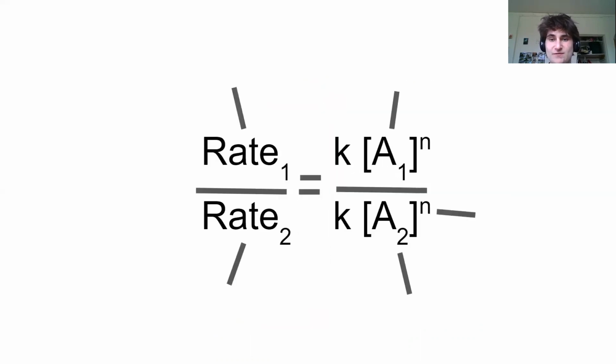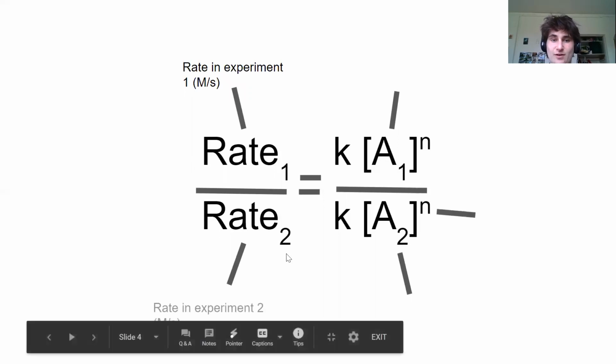Next, we're going to use this to figure out what the rate order of each reactant is. So we're going to find 2 experiments where one of the concentrations changes, and we're going to put the larger rate over the smaller rate.